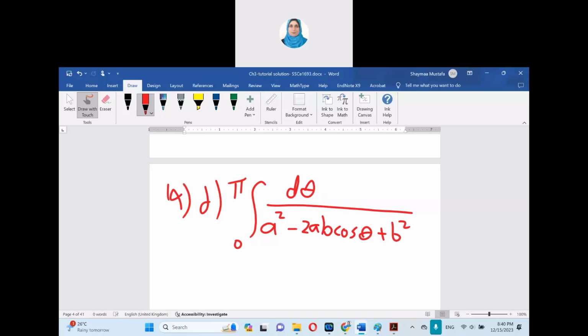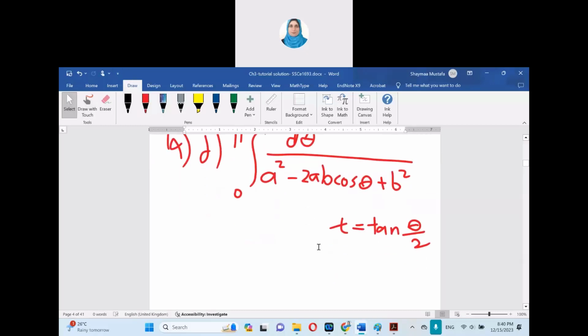And the substitution you have to use is t equals tan of theta over 2. This is the substitution you have to use.